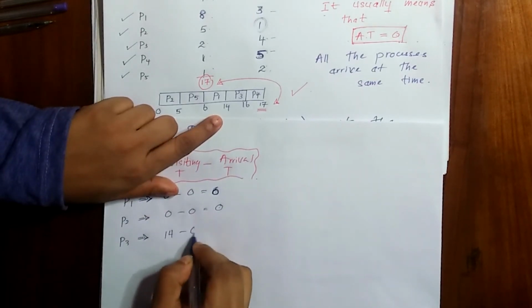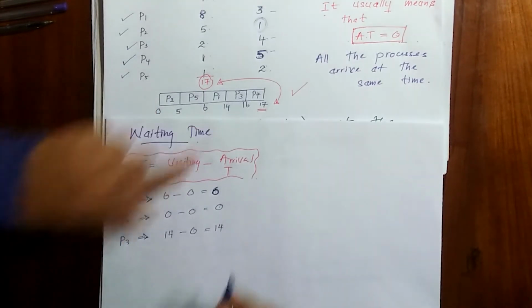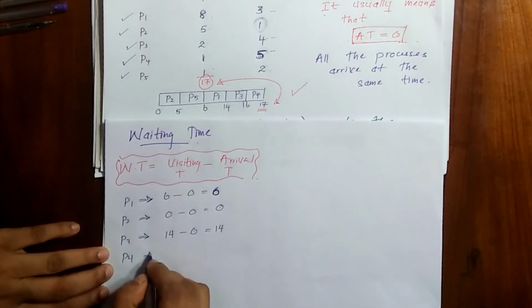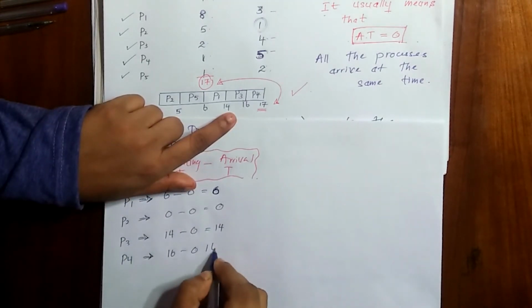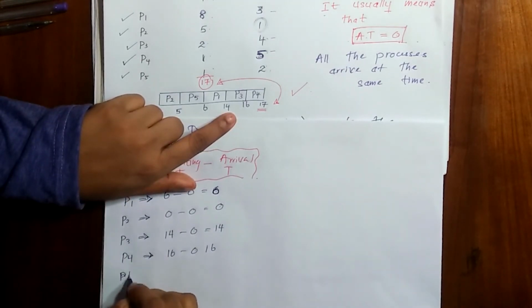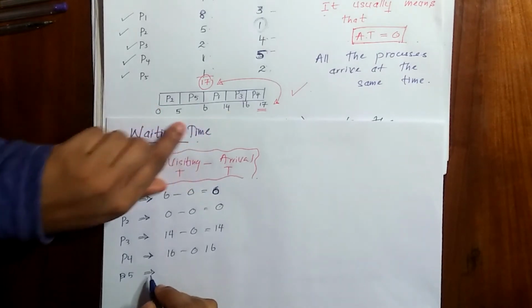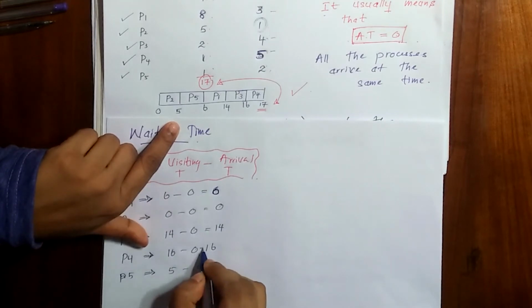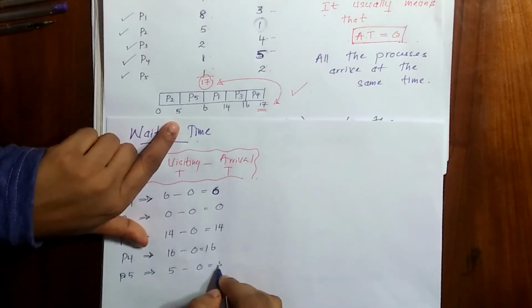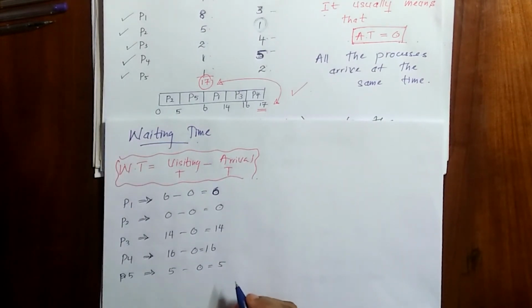14 minus 0, 14, then P4, 16, and finally P5, 5 minus 0, 5, right?